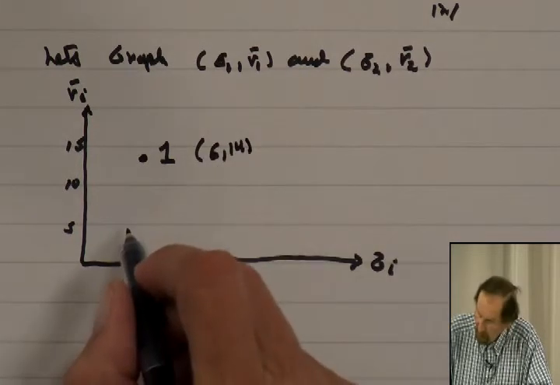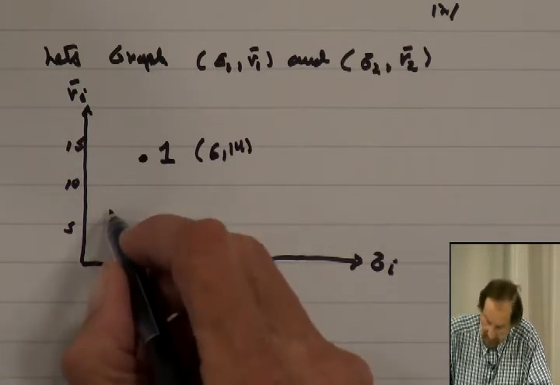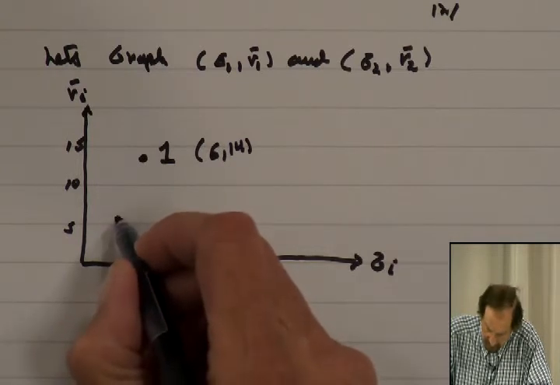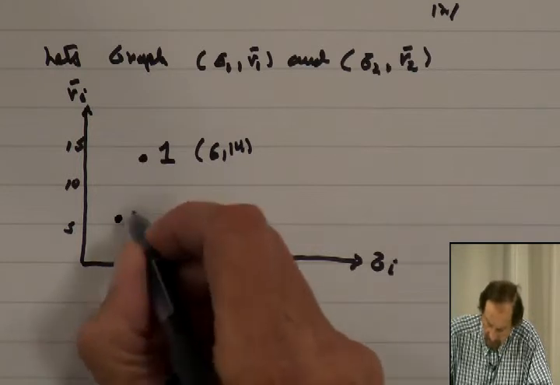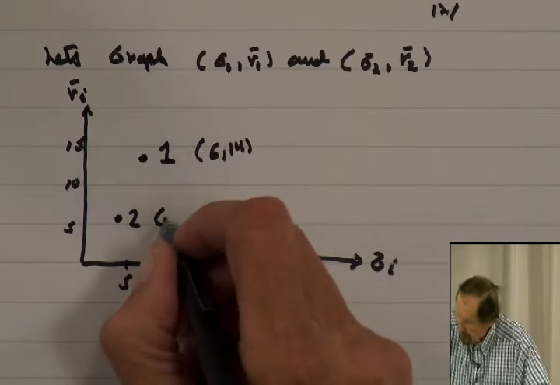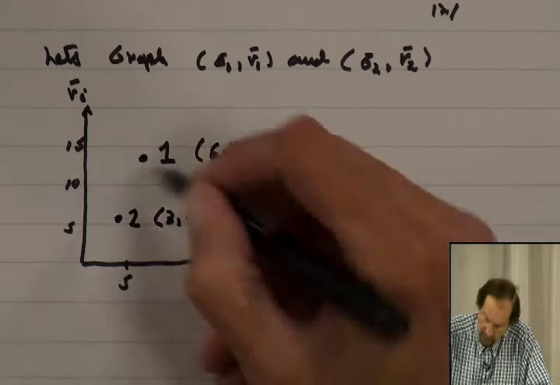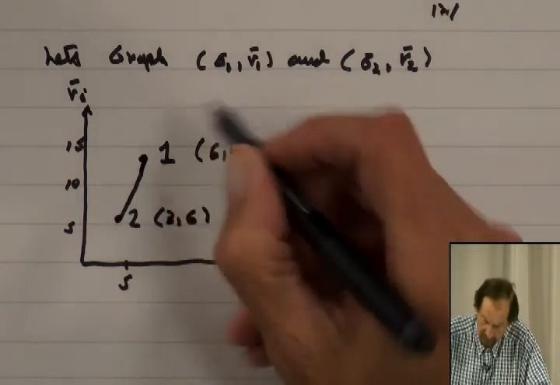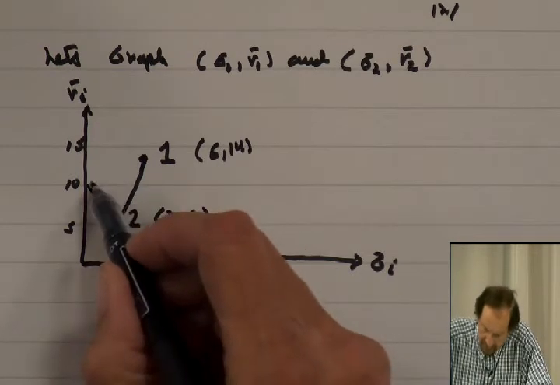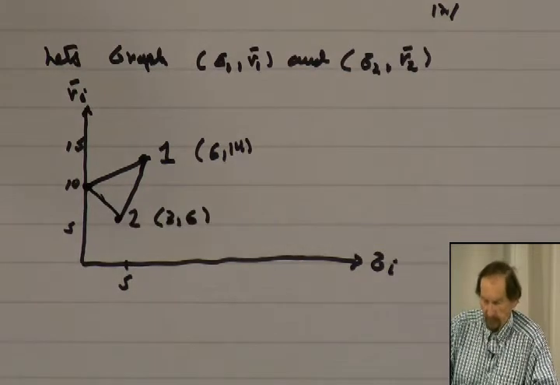And for 2, we have what? The r bar is 6, and sigma is 3. So we get something that looks like this. This is 2. So this is the one leg of the triangle. Now the other leg, we're going to see, hits right on 10.